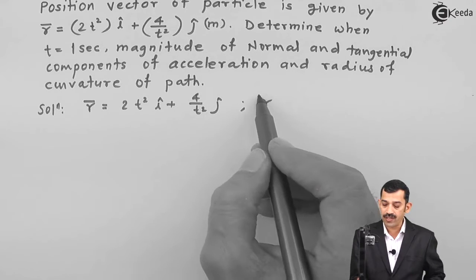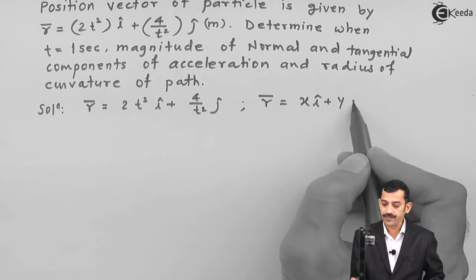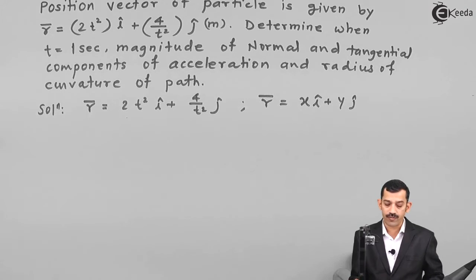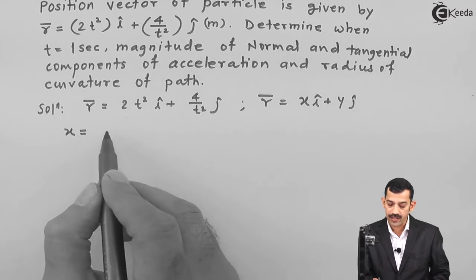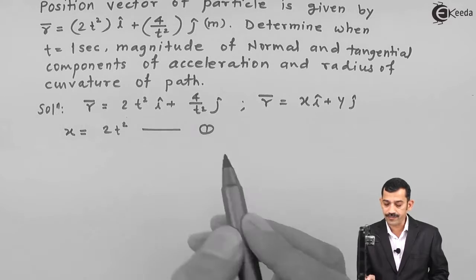That means x is 2t square and y is nothing but 4 upon t square. Therefore, we write x is 2t square. Say equation number 1.